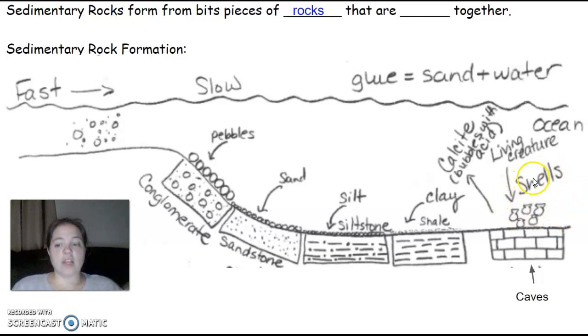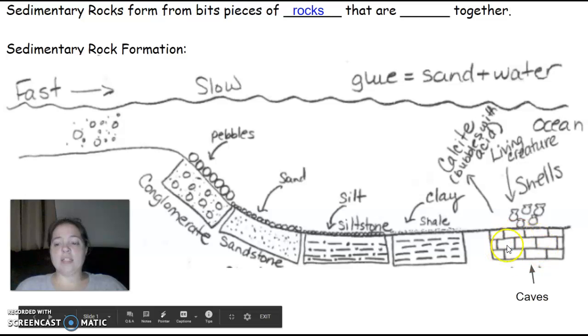When they die off, they leave their shells, and the shells start to build on top of each other, and that has calcite in it. And calcite, if you remember from your activity, bubbles with acid. It's the only one that does it, and it's kind of cool. And as it smushes down, it makes limestone. That's the one thing I did not have written on here. This is limestone. Limestone.